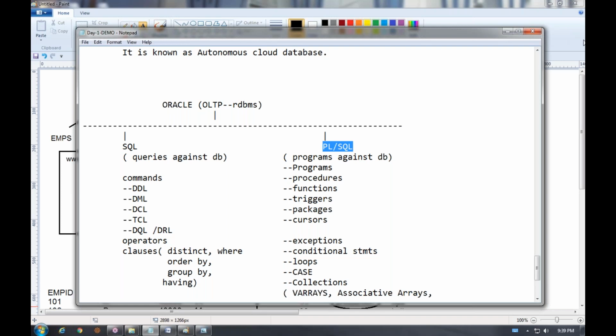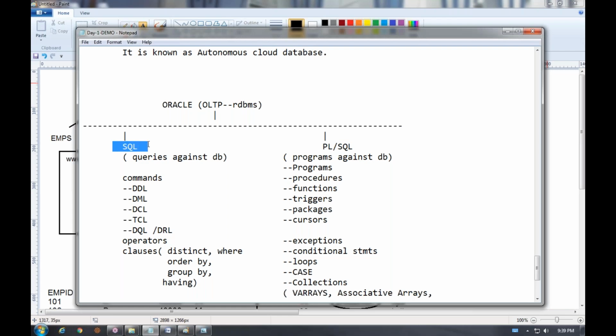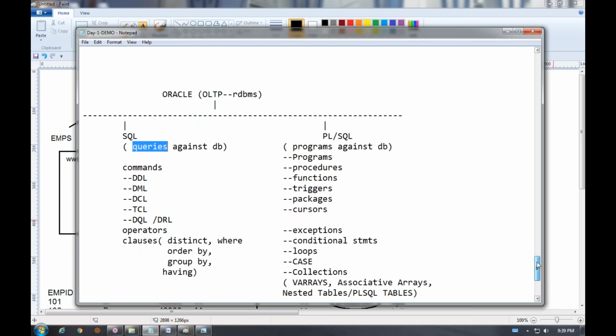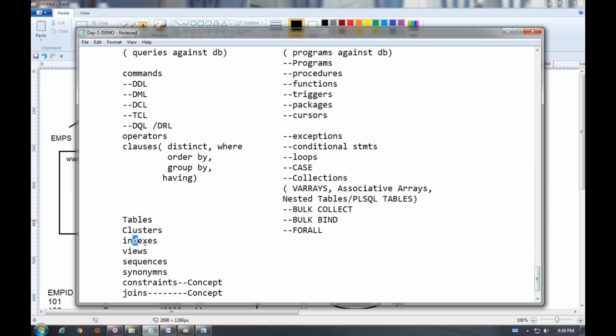What is SQL? SQL is a Structured Query Language. We can write simple queries. Every query is performing one task, that is SQL. In SQL, we will discuss commands, tables, clusters, indexes, views, sequences, synonyms.